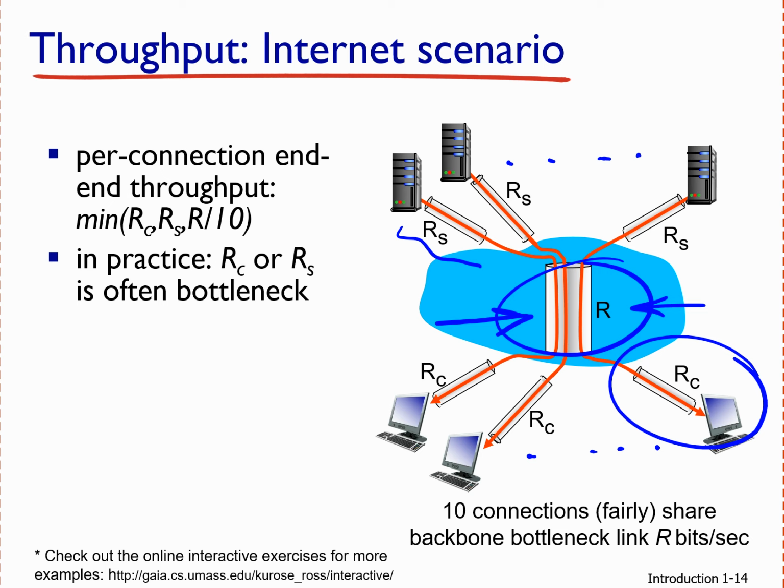If we assume that all of these servers are sending at the same time, therefore the link capacity or the link throughput at the core will be equal to R divided by 10, and that is actually the capacity that this core can send to. So everyone has to send using that specific capacity. So everyone will use 1/10 of that link throughput.